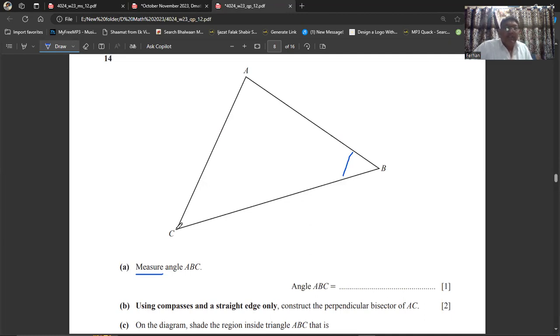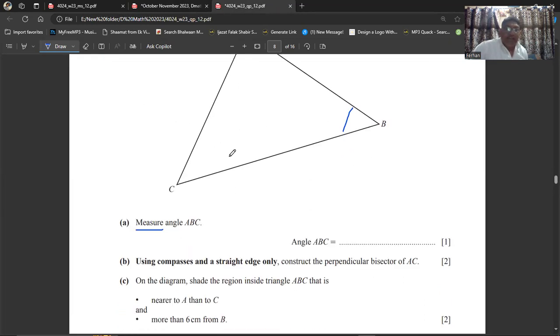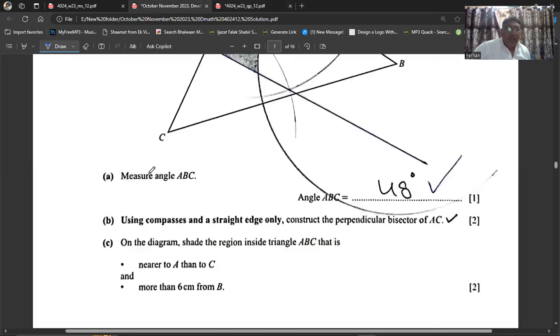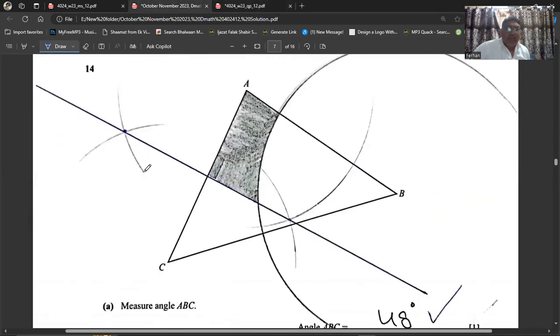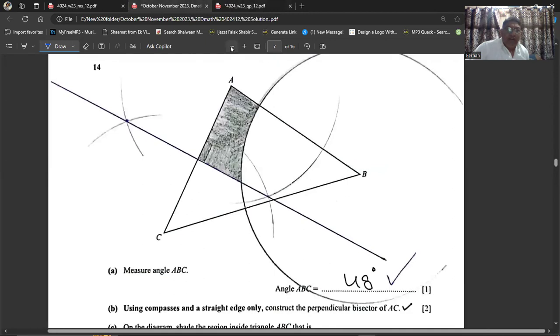Put your compass needle here. Draw an arc on the right side of the line AC, and draw an arc on the left side of the line AC. Where these arcs intersect each other, join those points with each other, and that will be the perpendicular bisector of AC. Hopefully you understand how this is done. Here I can show you I have done that.